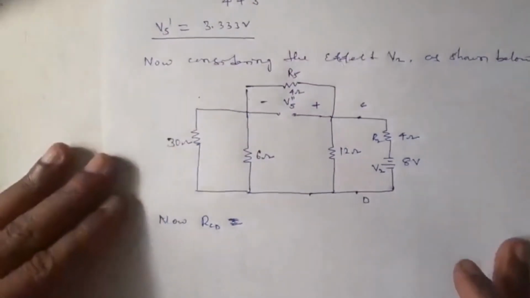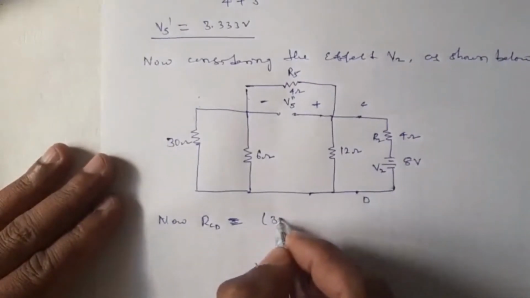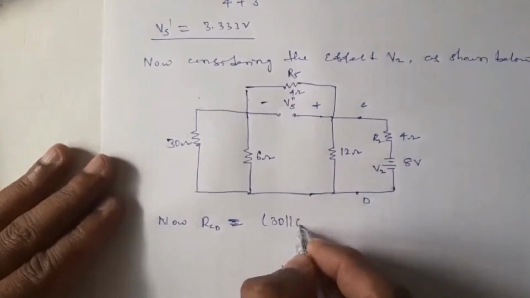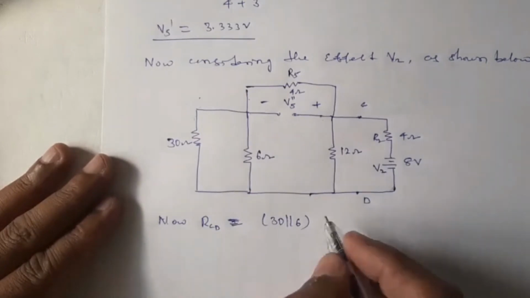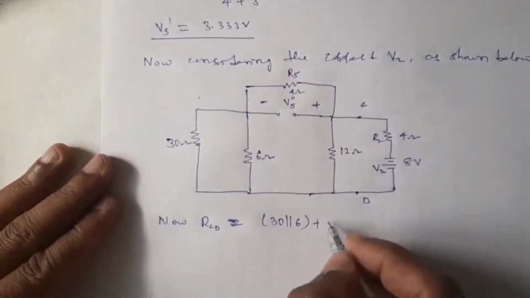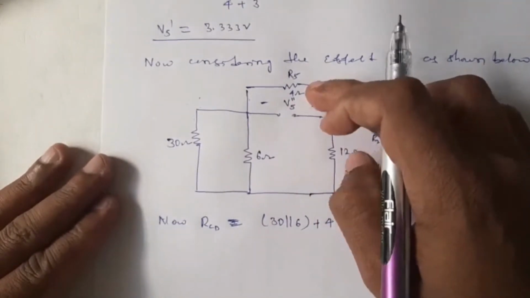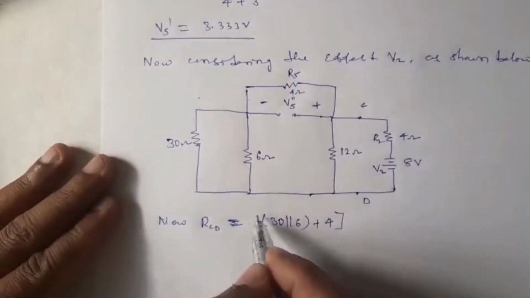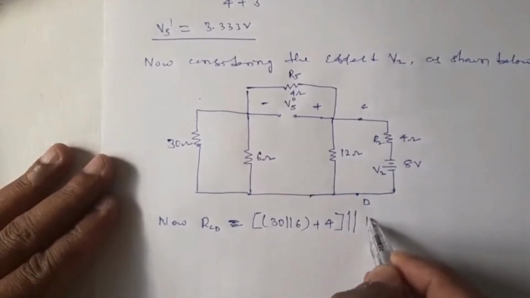Very simple. First the 30 ohm is parallel with the 6 ohm, and this parallel combination is in series with 4 ohm, and this total combination is in parallel with 12 ohm.